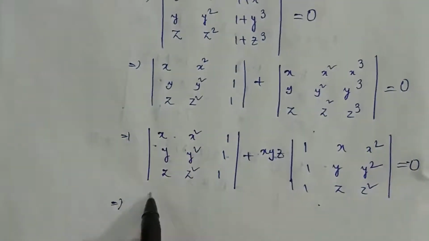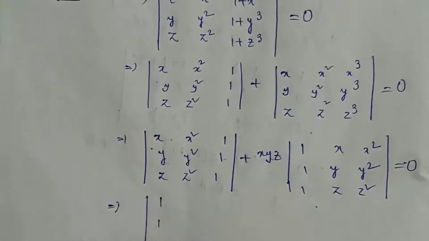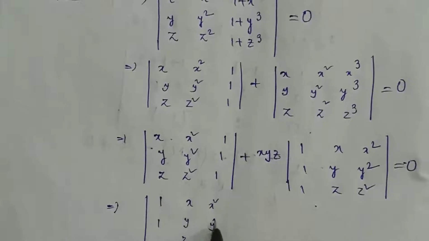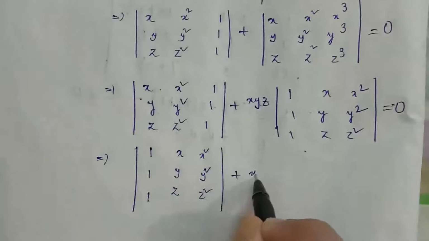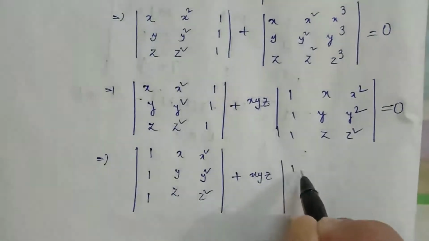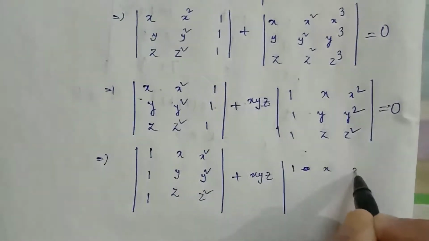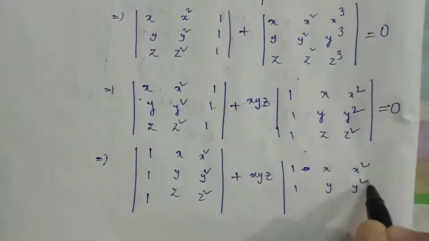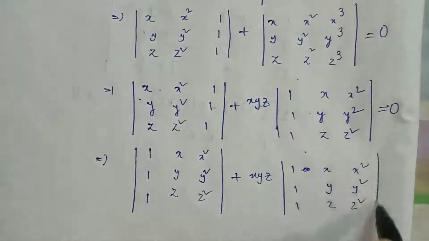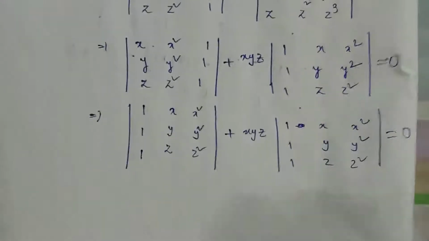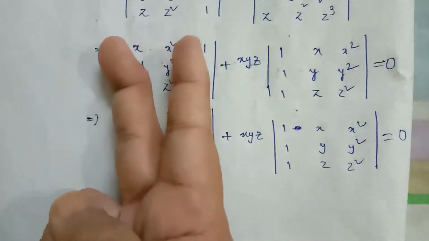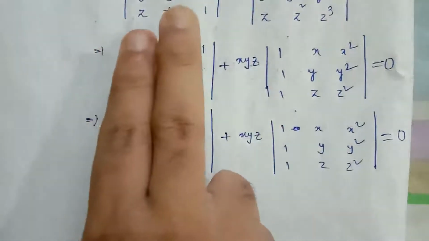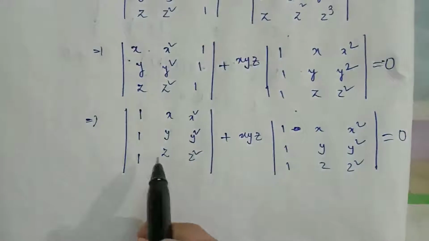Our new determinant will be, you can see, 1 1 1, x y z, x square y square z square, plus xyz into 1 x square, 1 y square, 1 z square is equal to 0. Here we have changed column twice. First we have interchanged these two, after that again we have interchanged these two.